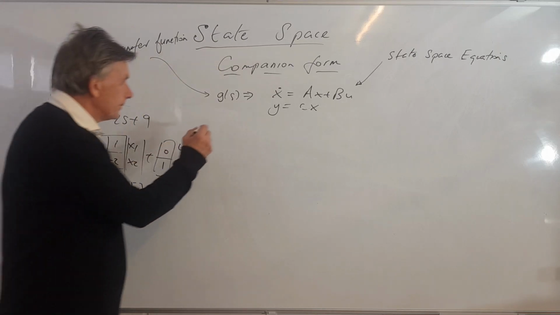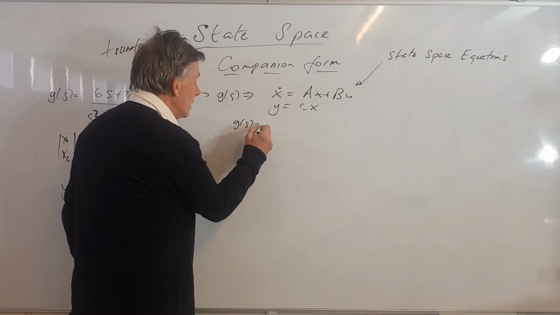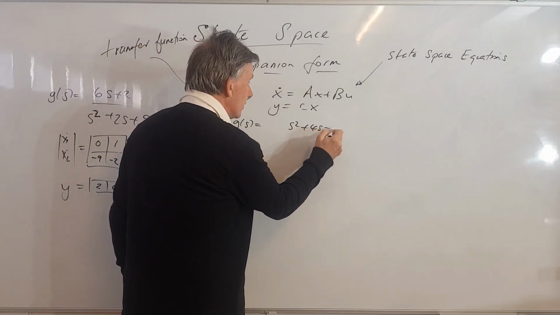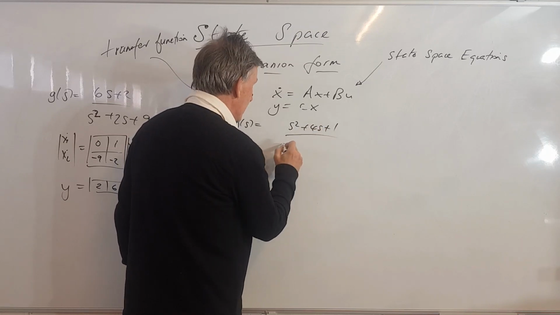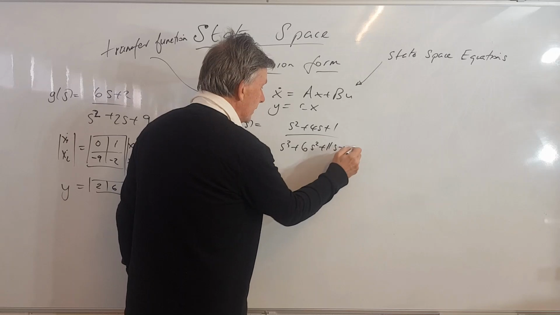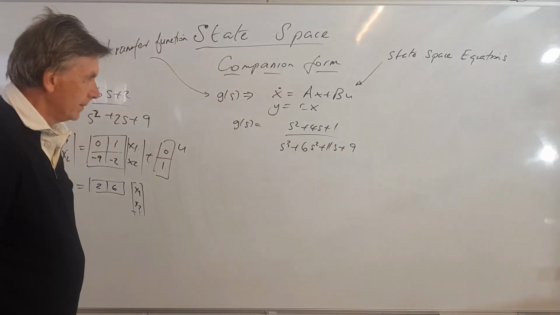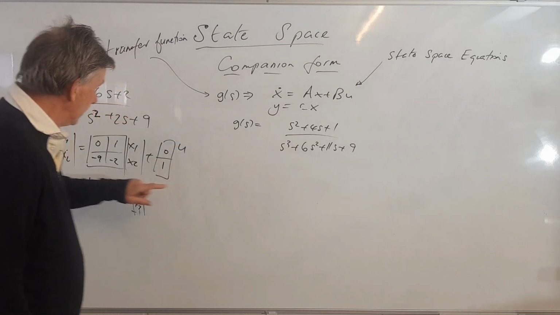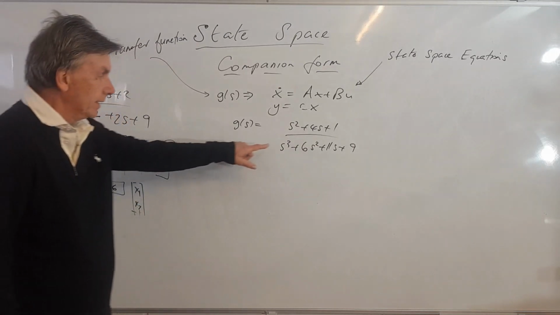So this is a state space representation of a transfer function in companion form. Let's do another example. Let's say G(s) is given by (s squared plus 4s plus 1) over (s cubed plus 6s squared plus 11s plus 9). So this time it's a third order polynomial, so rather than having 2 states, we're going to have 3.